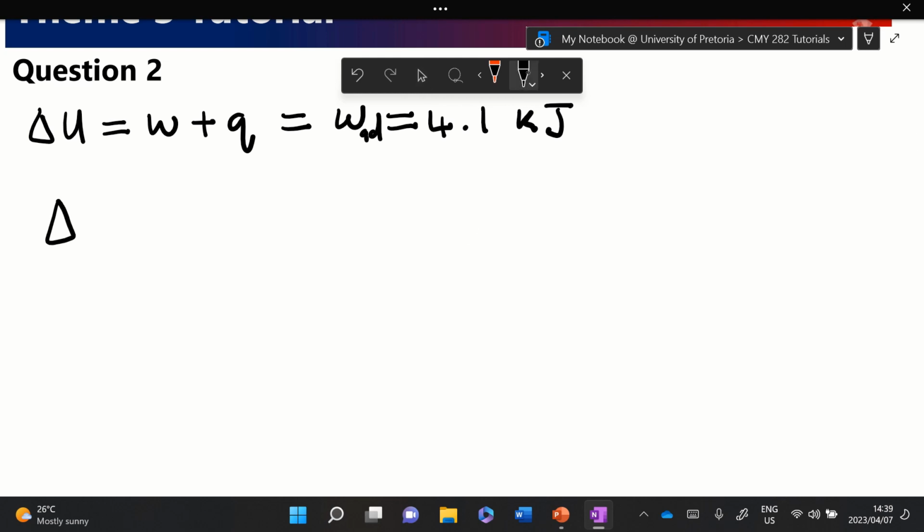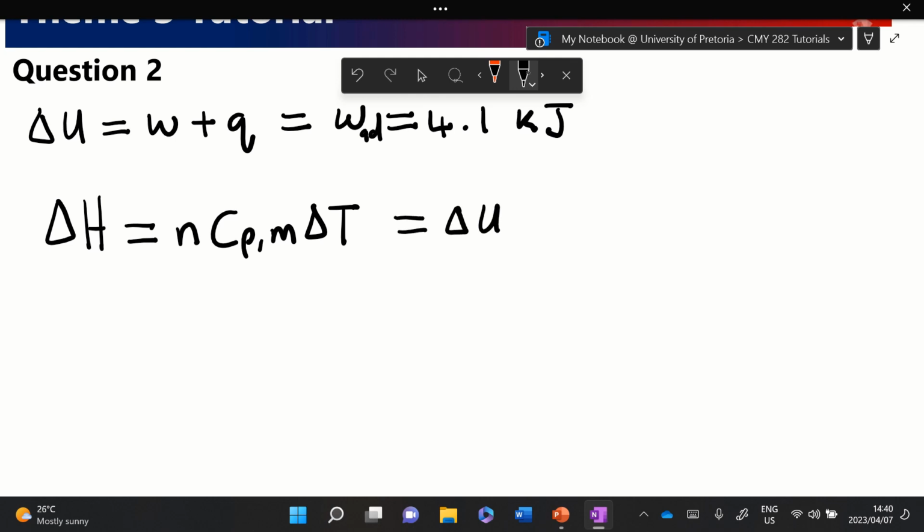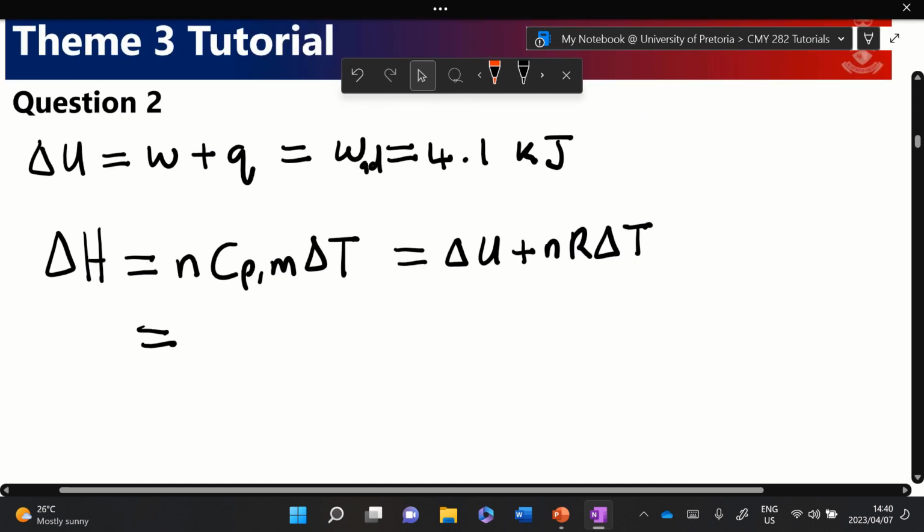Enthalpy for adiabatic changes is defined similarly to the internal energy: it's equal to n CPM delta T. Or there's a thermodynamic way to calculate it, by its fundamental equation, so we can do delta U plus nR delta T. We can also use that. But the easiest one is actually the first one, because we can get CPM. So let's draw a little arrow here.